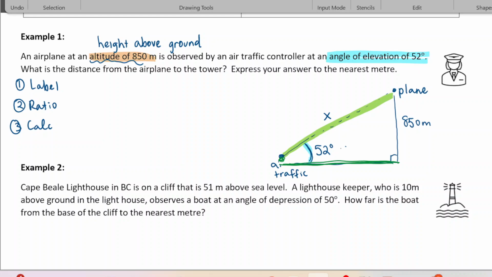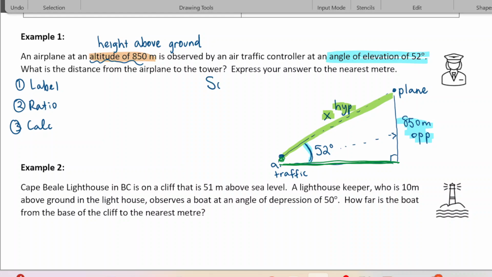We're going to base everything off that. This side here is the opposite side. Typically I've used blue for that, so I'm going to highlight it in blue. Then we have the hypotenuse, and that's the side I want to find. Now the side that's not really important in this question is the adjacent side, because I don't want to find it and I don't have that length. So I'm not even going to label it.